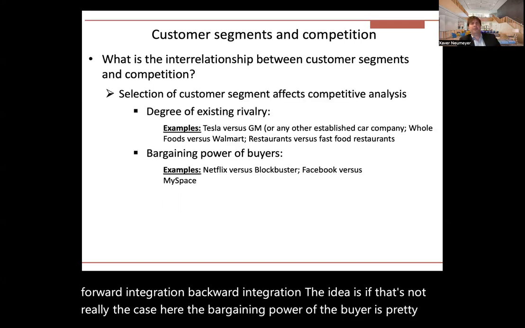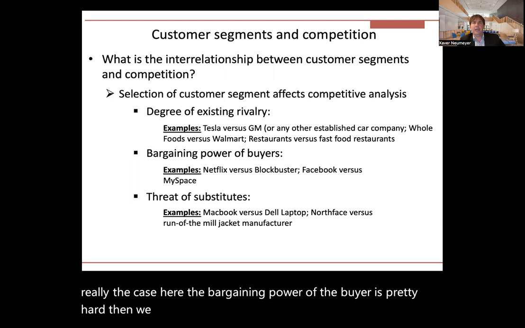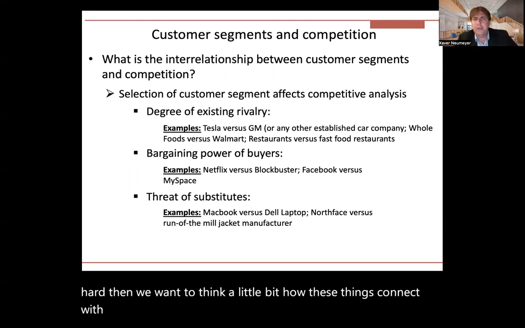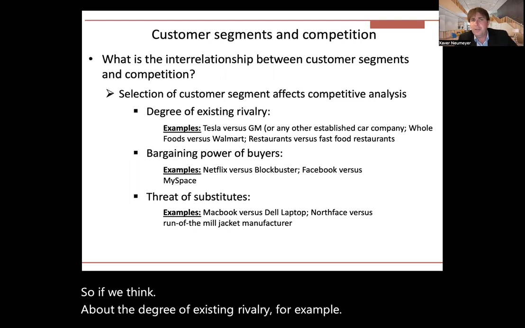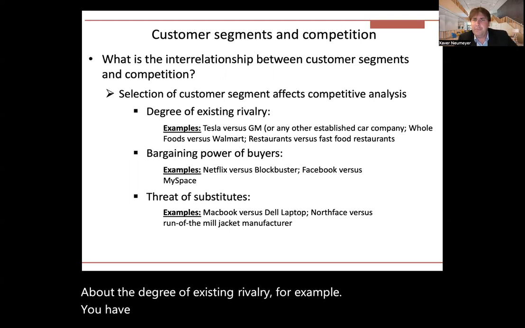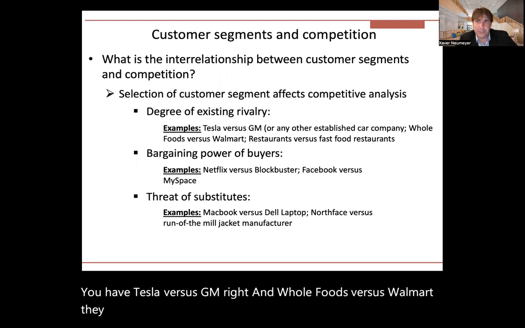Then we want to think a little bit how these things connect with customer segmentation. So if we think about degree of existing rivalry, for example, you have Tesla versus GM, right? And Whole Foods versus Walmart. They are targeting different customer segments, right?